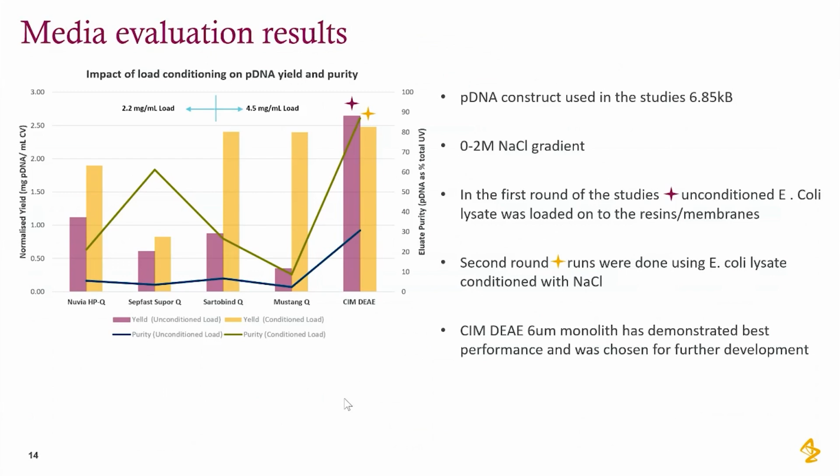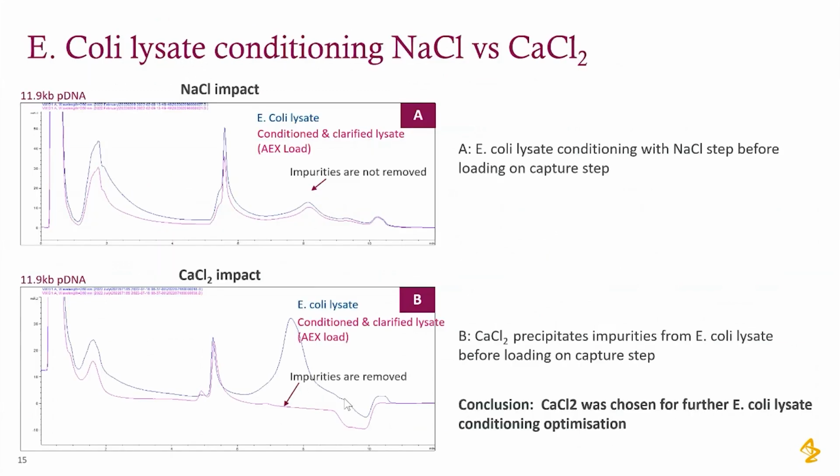The purity improved quite a lot, especially for the monolith columns. That's why, as you can see, 6 micrometer channel monoliths demonstrated the best performance, and that's why we chose monolith columns for further development.